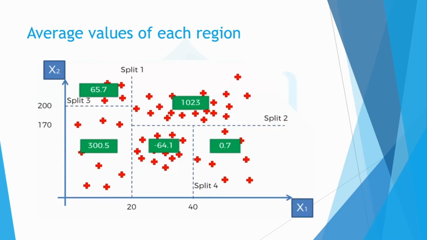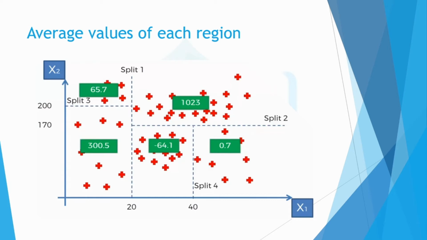So this is the final task done by the decision tree, assigning the average value to each region. When we predict some values, if the value is near these average values, then the algorithm will predict that this data point belongs to this particular region. I hope that the basic concepts of decision tree are clear to you all.